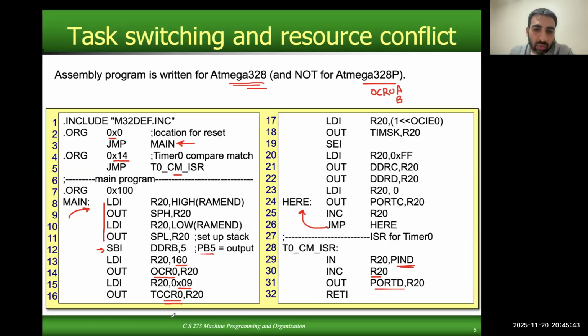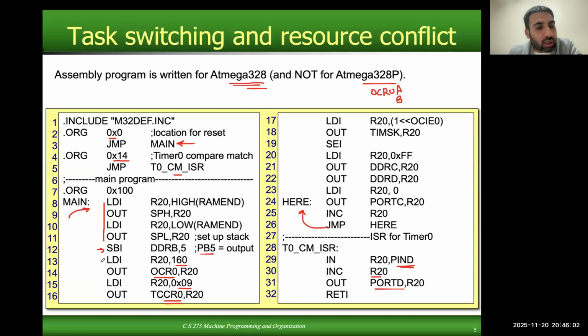Okay, so that's not a big deal. I didn't want to modify the code for that small change because we have already seen in the previous lecture assembly programming examples for ATmega328P, both for timers and for enabling the interrupts, right?